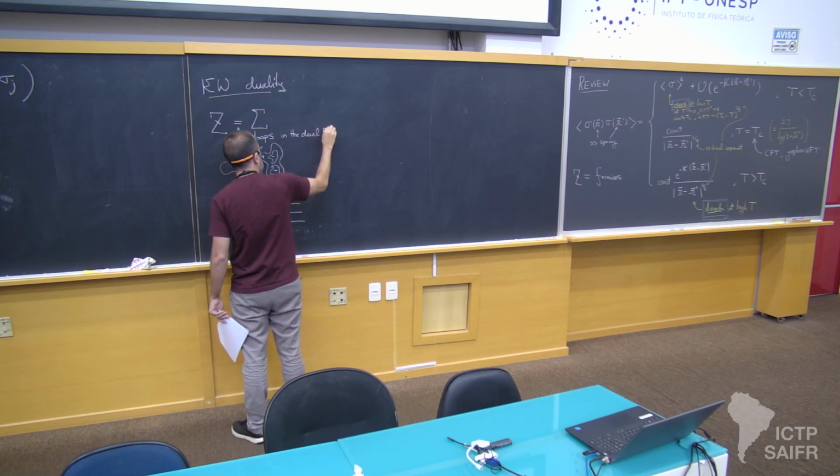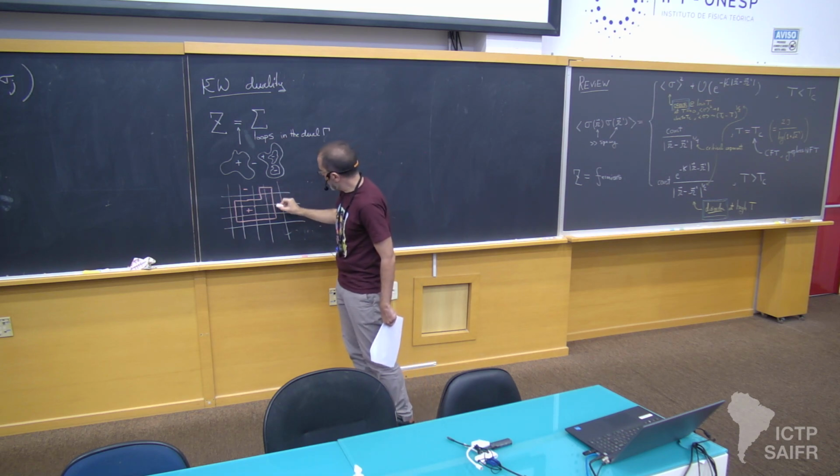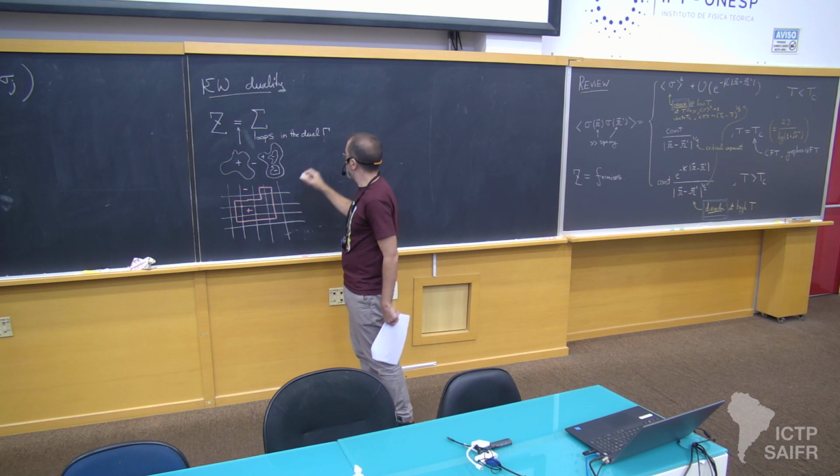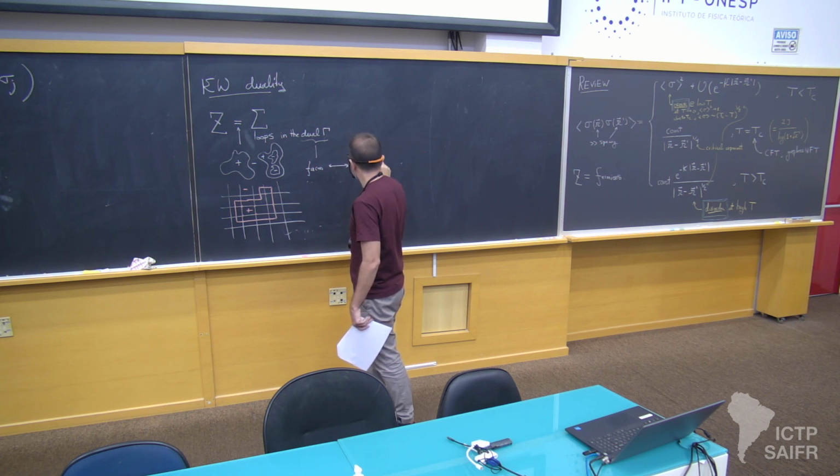These loops are in the dual lattice, because you see these are loops whose vertices are in the faces of the original lattice. So this dual lattice is the lattice where faces of the original lattice are swapped with vertices of the dual lattice and vice versa. Right?